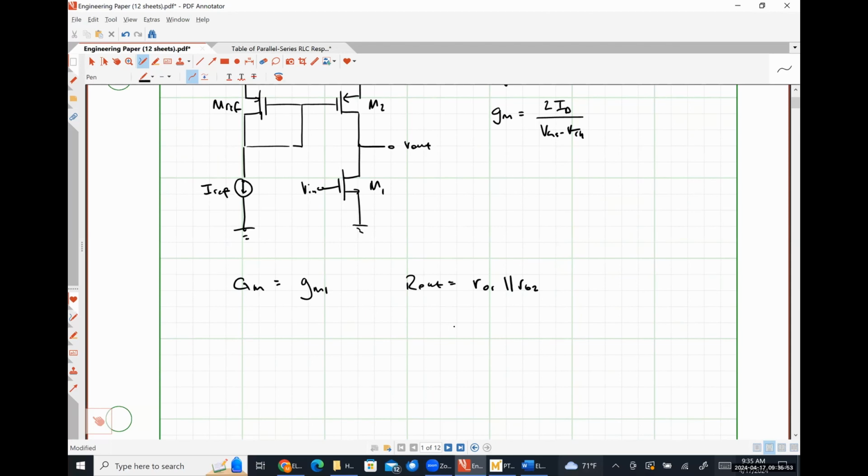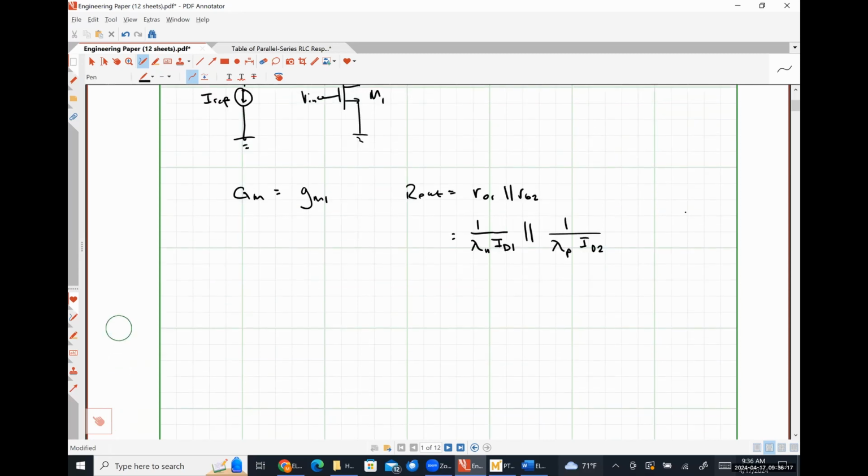So R01 in parallel with R02 is 1 over lambda n ID1 in parallel with 1 over lambda p ID2, right? So we can make this do some things, okay?